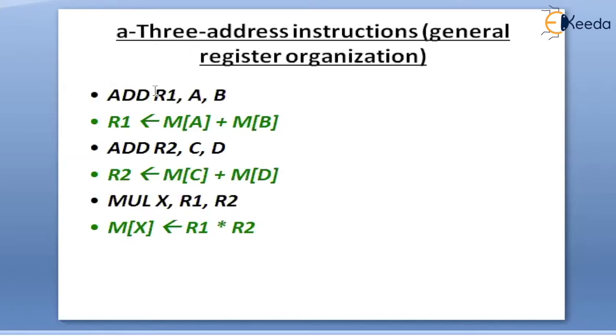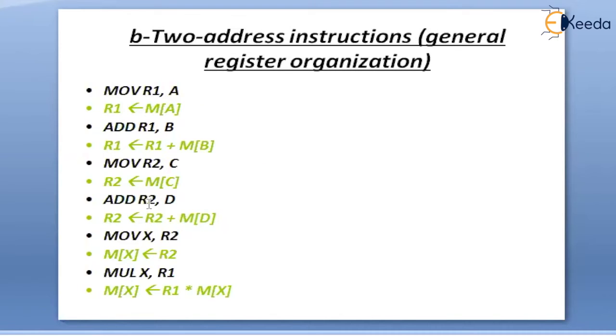Then you need to multiply r1 and r2 and transfer it to x. When you execute mul x comma r1 comma r2, r1 and r2 will get multiplied and transferred to x. This is how the three address instruction format is going to support the expression x is equal to a plus b into c plus d.